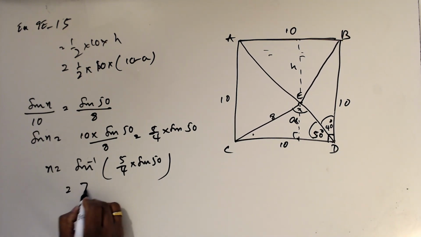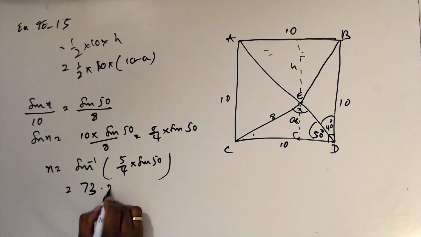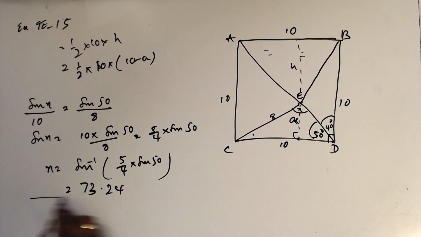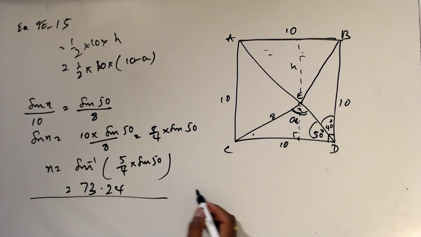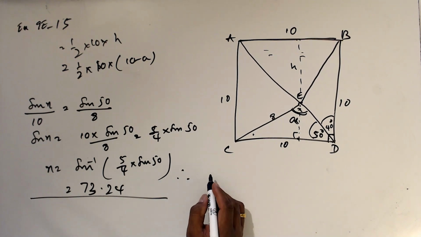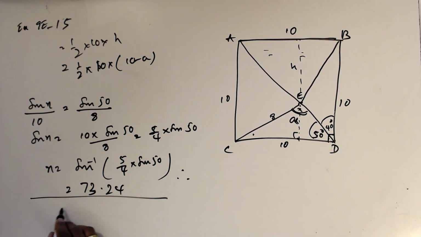So this is going to be 73.24. But given this angle is obtuse, the other possibility is 180 minus 73.24.